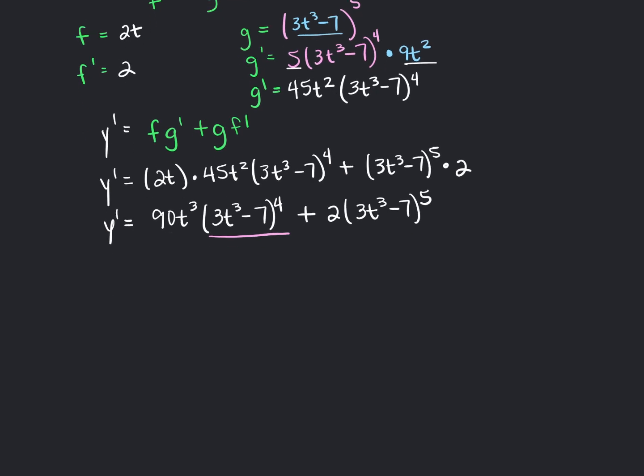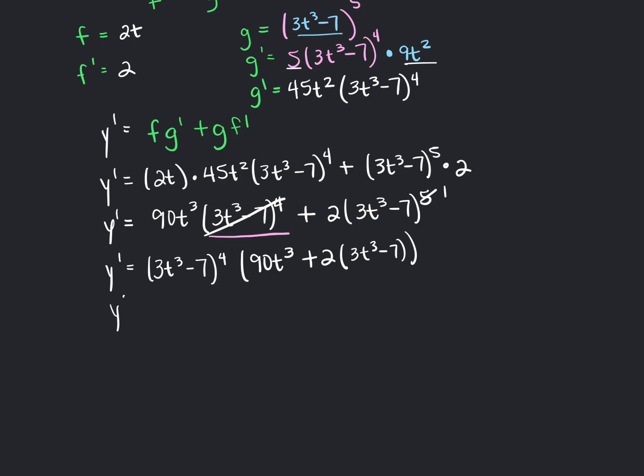So when I factor that out, that cancels it out completely here. So I'm left with a 90t cubed, okay, plus 2 times, if I take a (3t cubed minus 7) to the 4th out, that's just going to leave this to the power of 1. So that's just 2 times (3t cubed minus 7), okay?